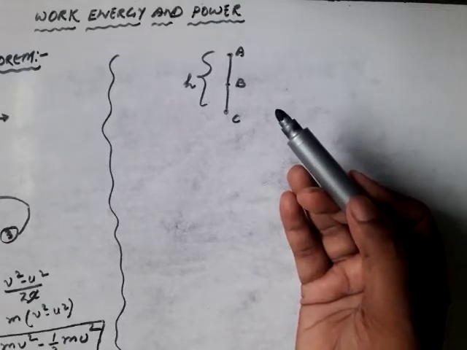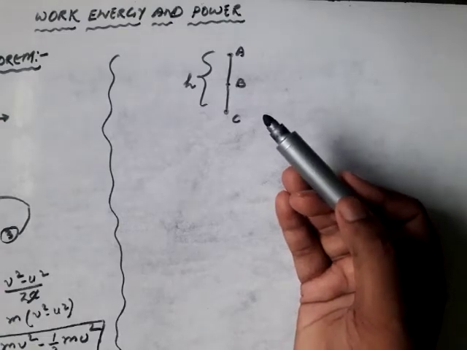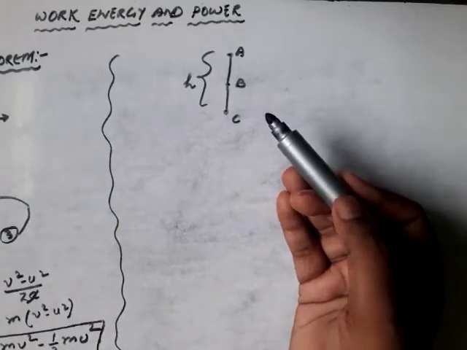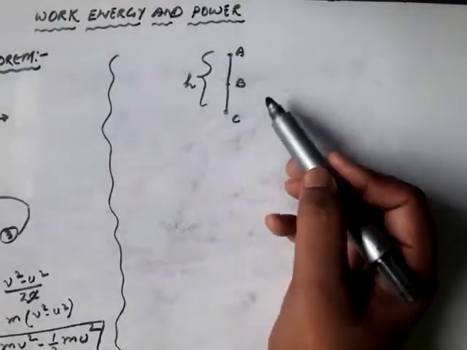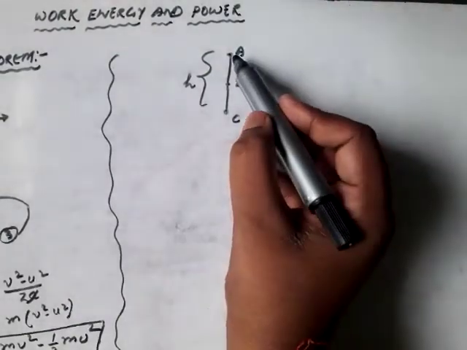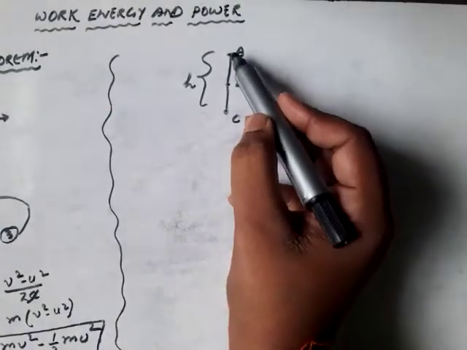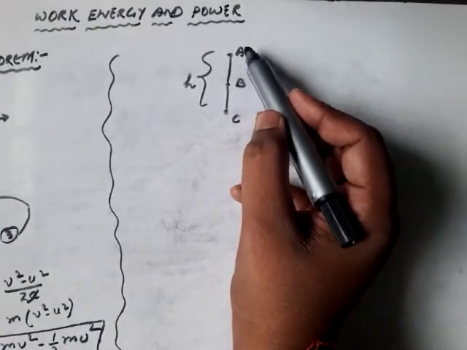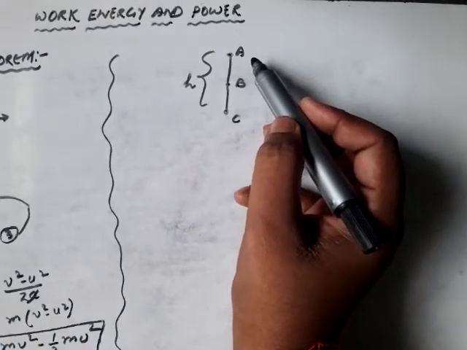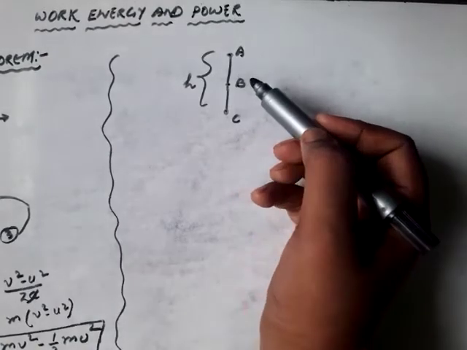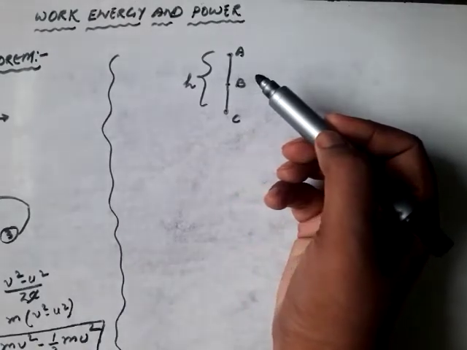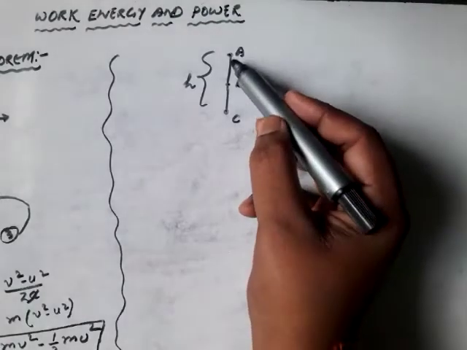So this is the statement of the law of conservation of energy, and with the help of this, when a body is placed at some height above the ground, we will verify how the sum of potential energy and kinetic energy remains conserved in each and every case at A, B and C.